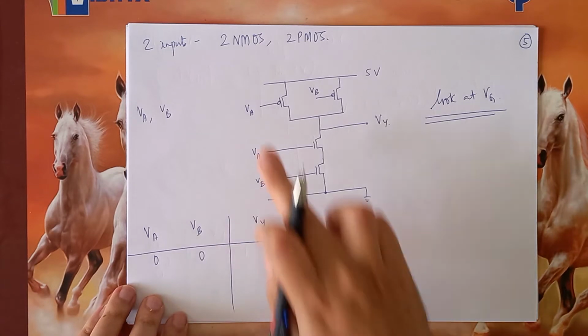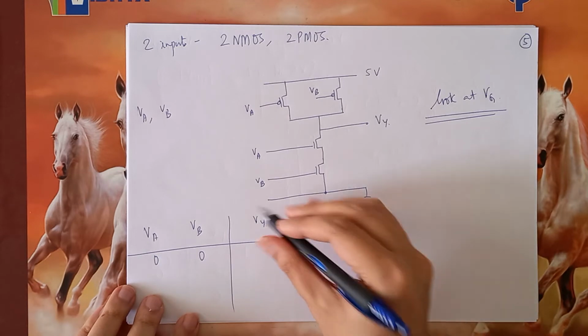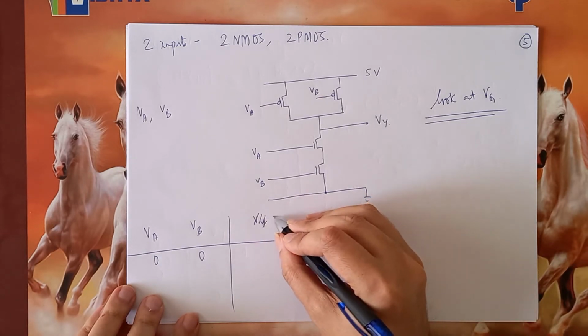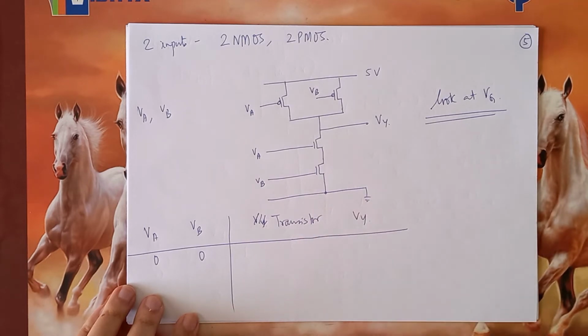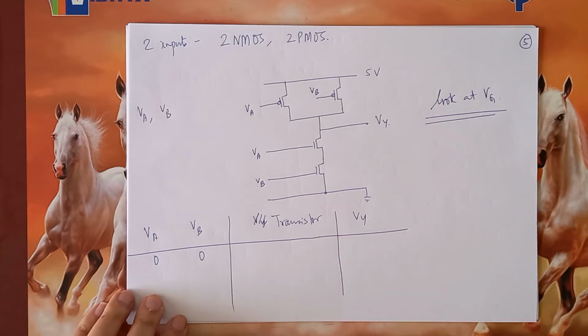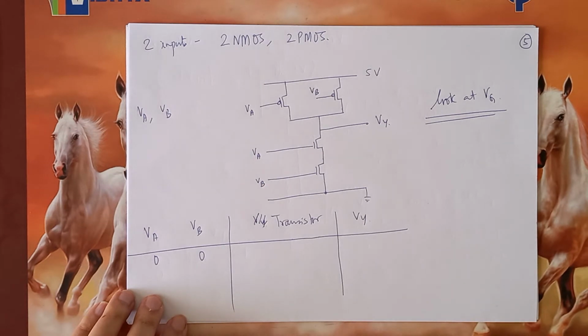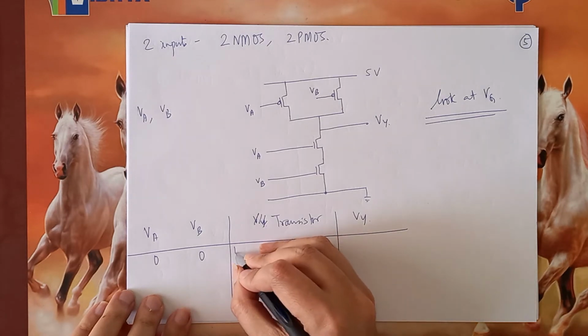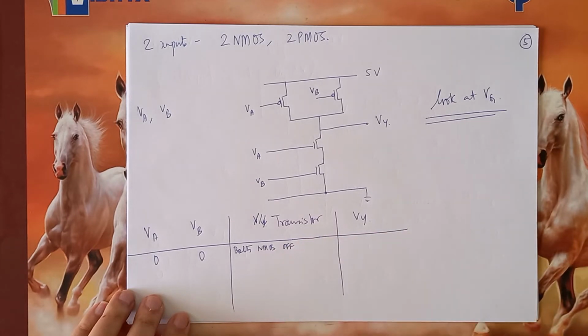0 and 0. So when VA and VB are both 0, what will happen? Before writing VY, we will write a column called transistor, which will indicate the status of each transistor. When VA and VB are both 0, the NMOSs are getting 0, so both will be off.